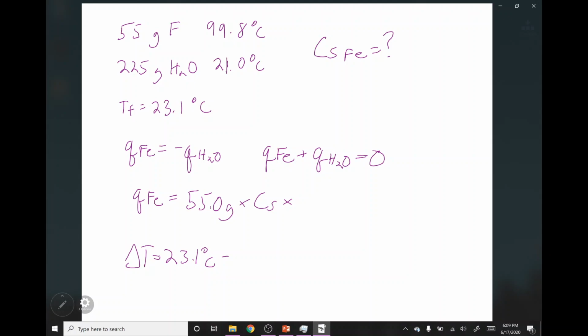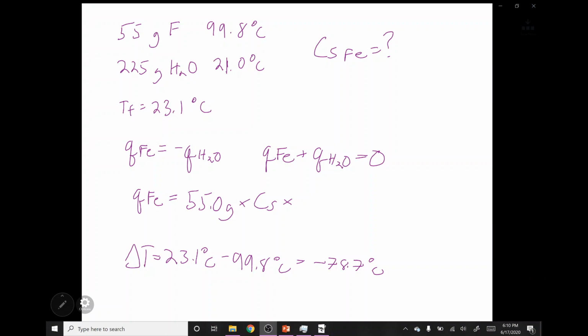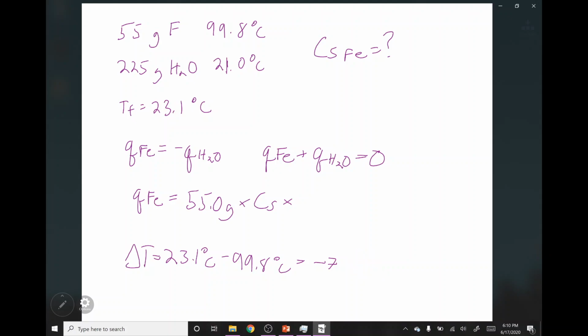Okay, so delta T for the iron is essentially minus 76.7 degrees C. So this equation times minus 76.7 degrees C. What we essentially end up with is Q of iron equal to, and let's just collect the grams and the temperature, this comes to 4218.5 times CS.